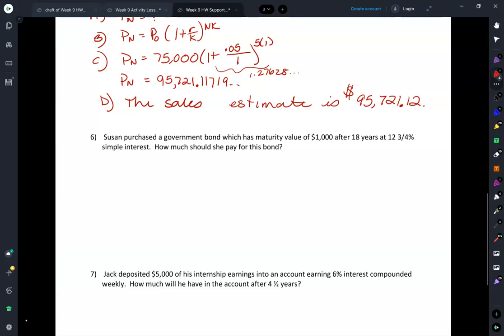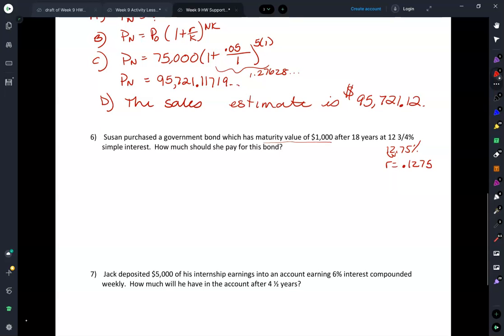So number 6, Susan purchased a government bond which has maturity value of $1,000 after 18 years at 12.75%. So that would be 12.75%. Move 2 places left. So R is going to be 0.1275. Okay, so just be careful with those types.